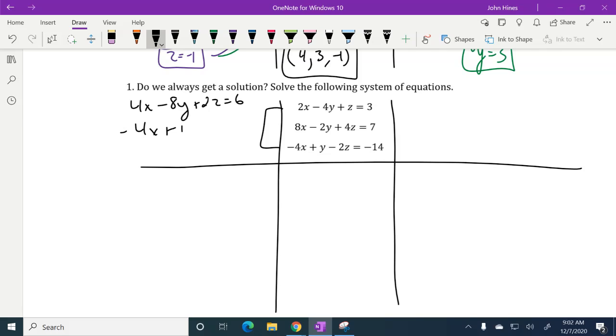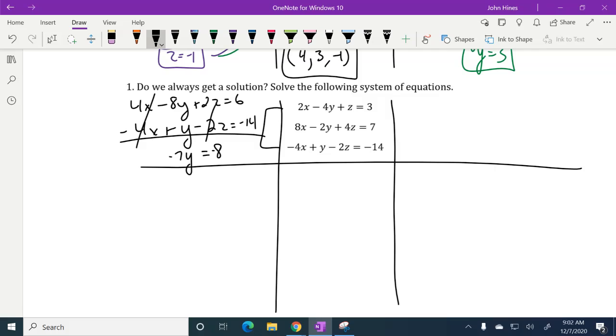And I'm leaving this guy alone. So those eliminate, those actually eliminate too. And I get, what do I get here? I get negative 7y equals 8. All right, that's negative 8.